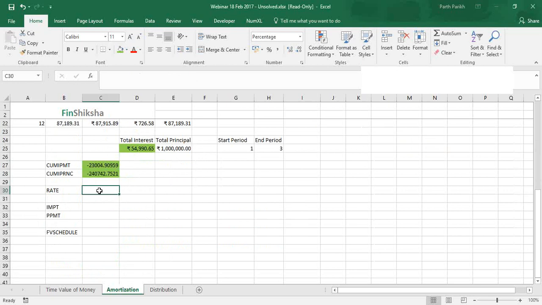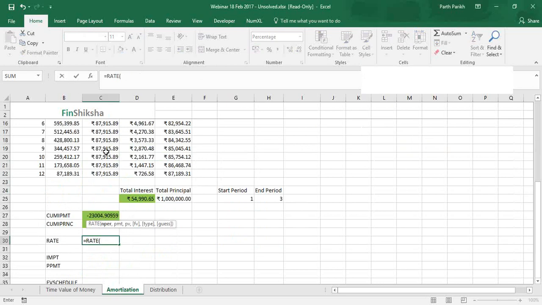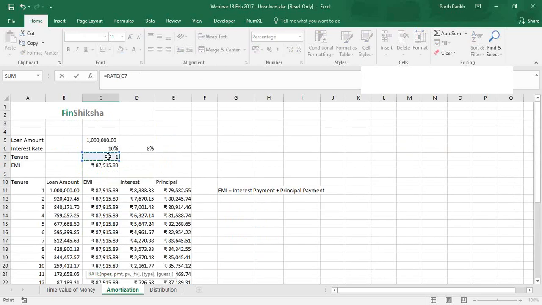Another interesting function is the rate function, which is to find out the interest rate. Number of periods is over here, which is 1 multiplied by 12. Second is the PMT, which is 87,915. What is my present value, which is over here.